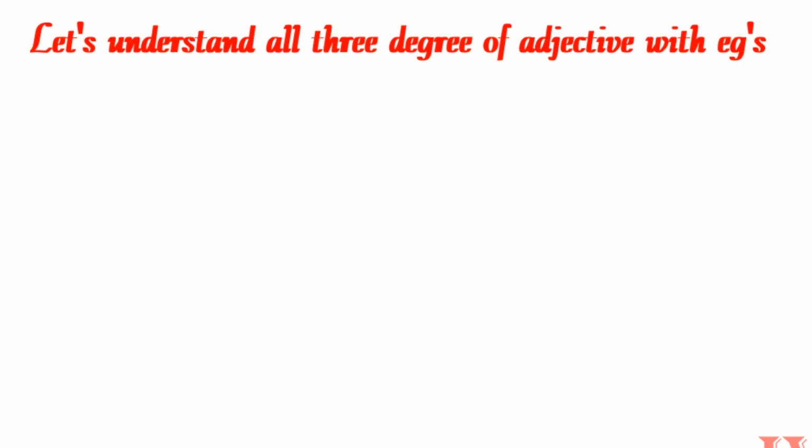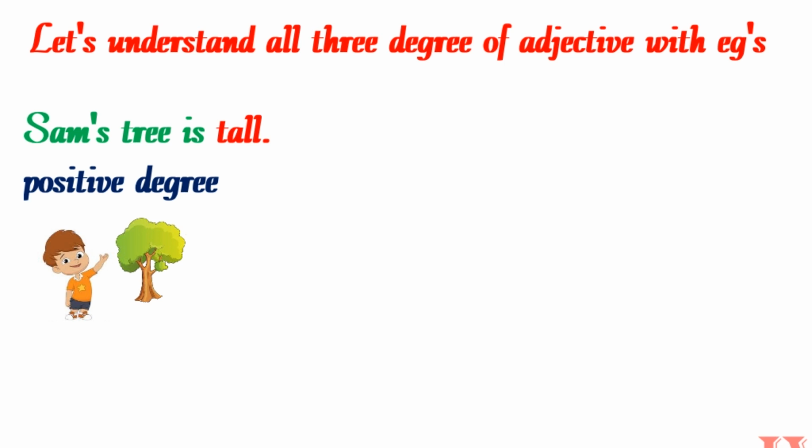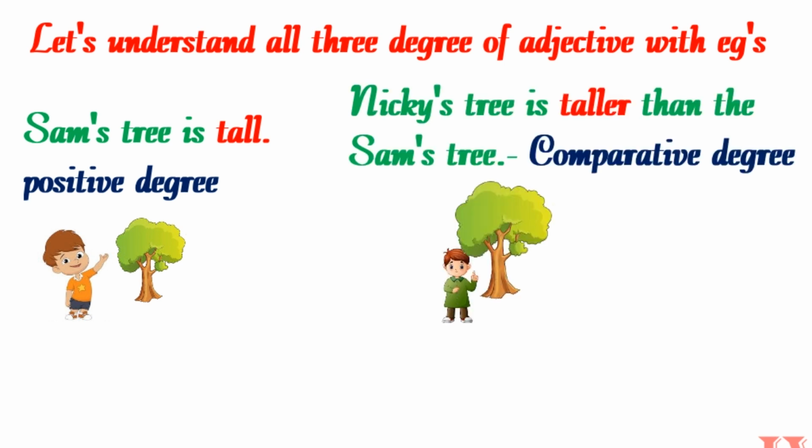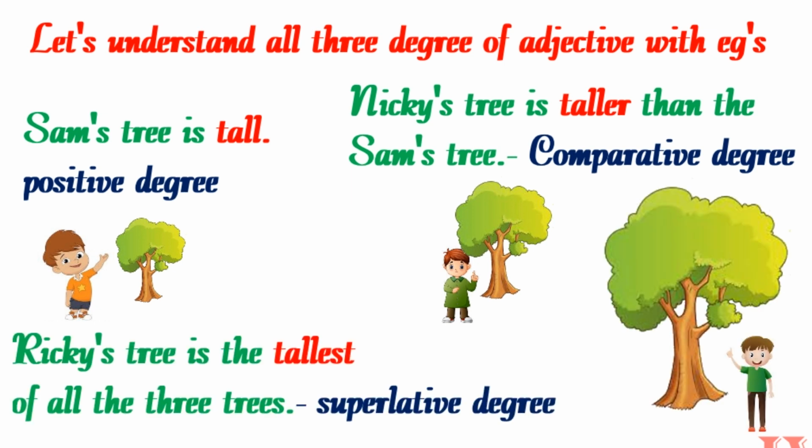Let's see and understand all three degrees of adjective with an example. Sam's tree is tall. Nicky's tree is taller than Sam's tree. Ricky's tree is the tallest of the three trees. Here, the words tall, taller, tallest are adjectives.